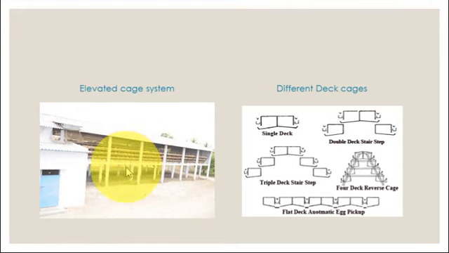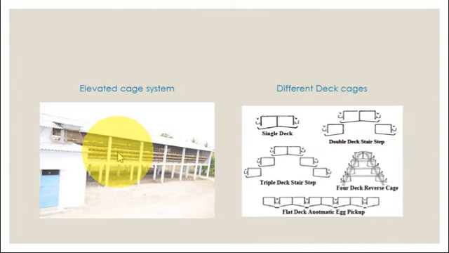Here it is an elevated cage system. The concrete floor is constructed 10 feet above the earth, with a minimum 10 feet gap between two concrete poles. On these concrete floors, the cages are accommodated, particularly triple deck cages and M type cages.